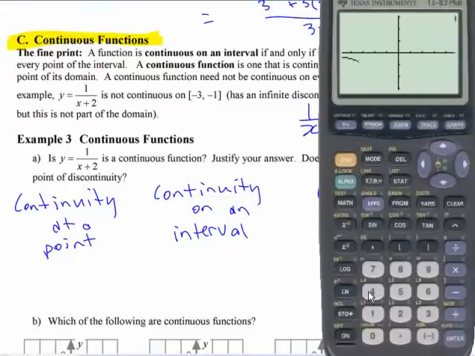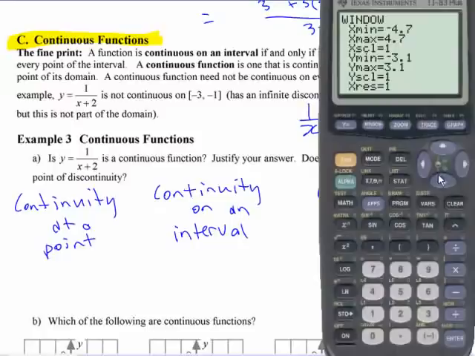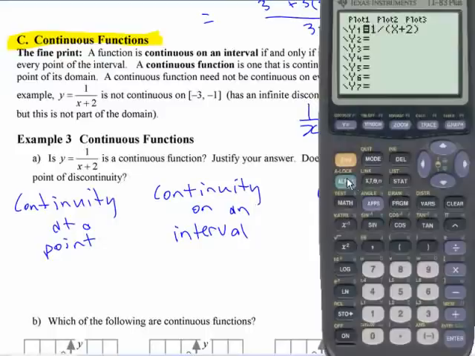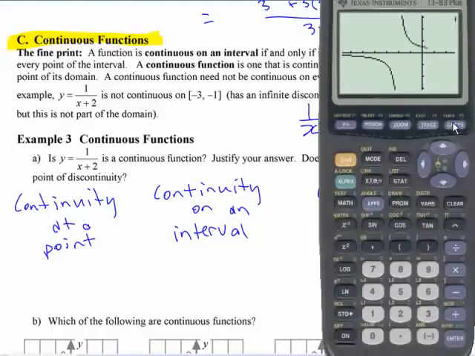You really do need to go on zoom decimal, number 4. It looks like that. Actually, we'll shift the scale over a bit here, minus 6.7 to... I just graphed 1 over x plus 2, that function that's down below there. Okay, so that's the graph.